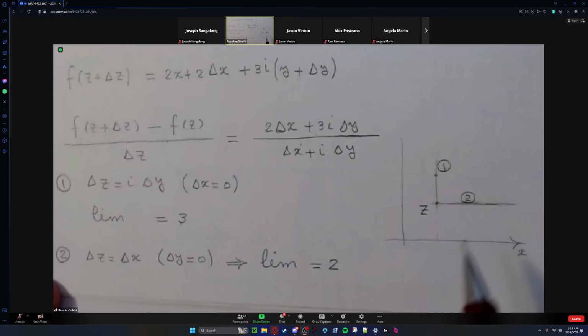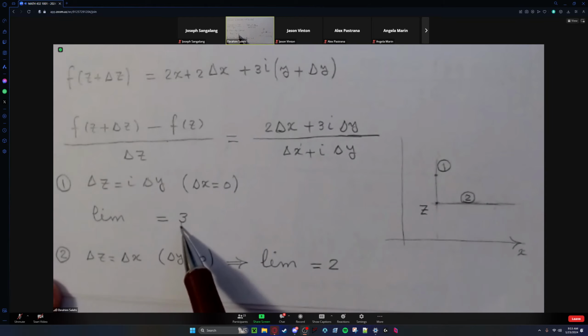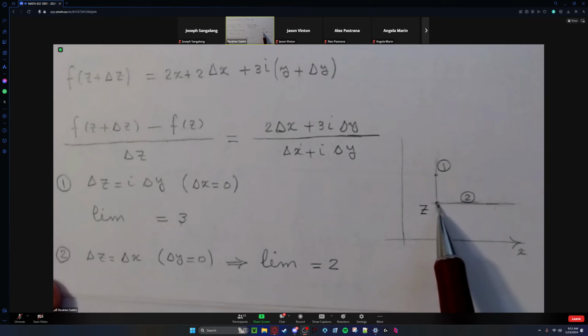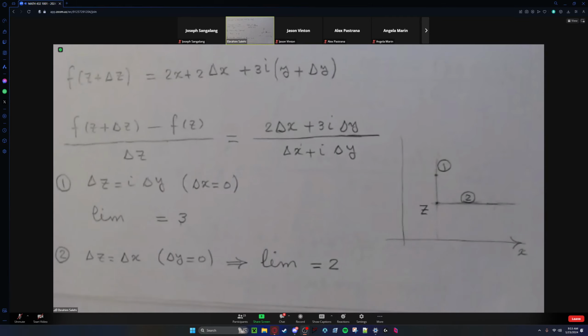Staying along the other line, we get 3. So when taking the limit, we got 2 different limits. So the limit doesn't exist, which means the function doesn't have a derivative.